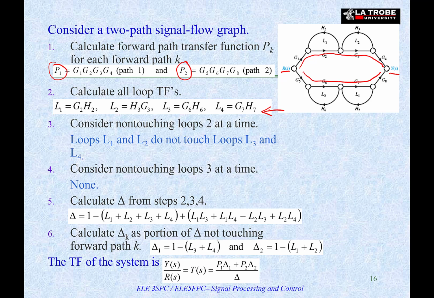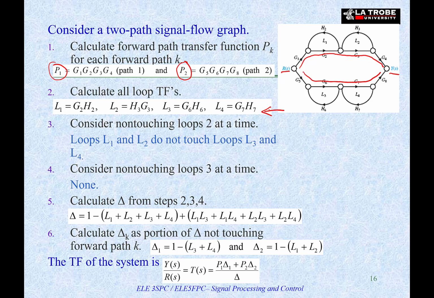Loop L2 does not touch L3, it doesn't touch L4 either. So these are two non-touching loops. Then you need to ascertain whether your signal flow graph contains any 3 non-touching loops. In this example, there are no 3 non-touching loops.